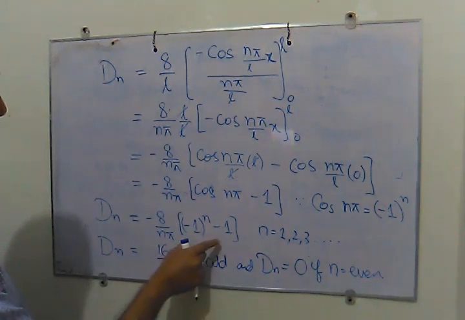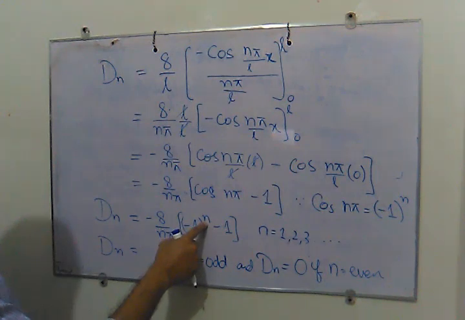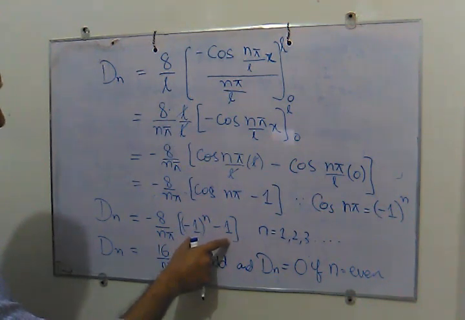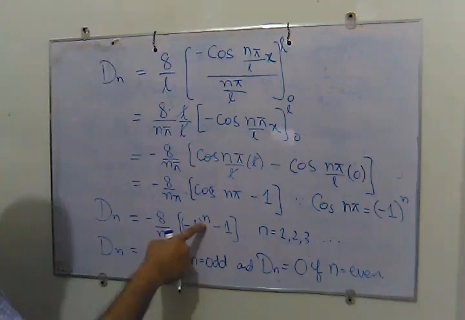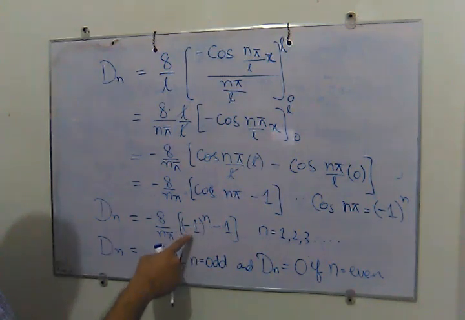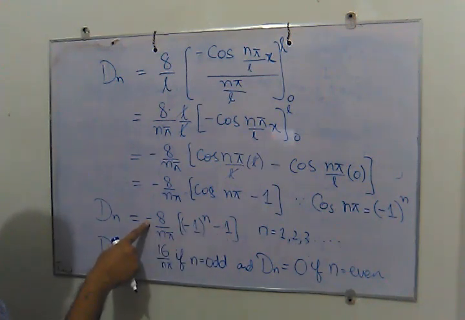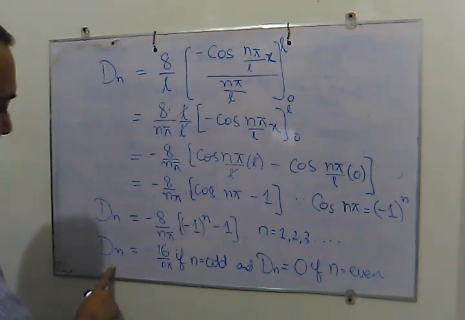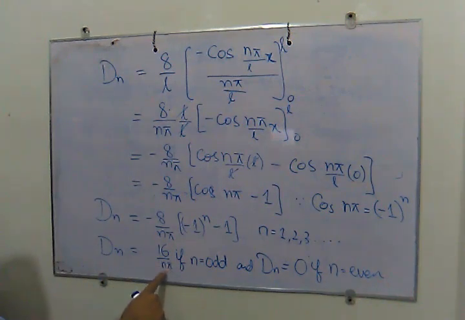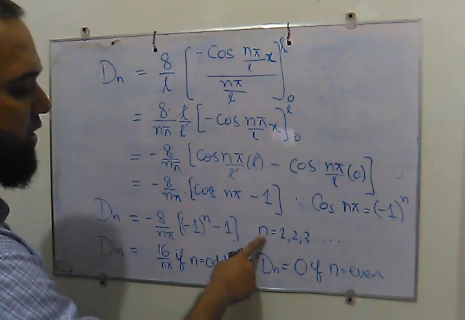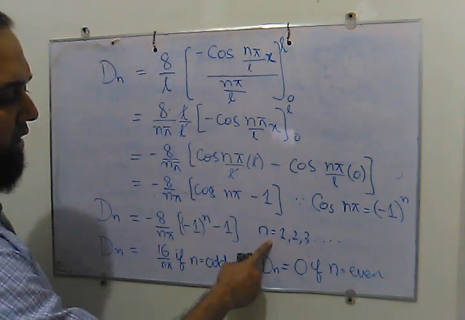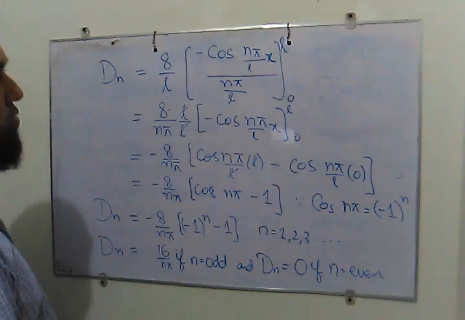Because when we put n even, it will become 0, so dn would be 0. When we put n is equal to odd, this minus 1 remains, minus 1 is minus 2, and minus and minus would be plus. So we have dn is equal to 16 upon n pi if n is equal to odd, and dn is equal to 0 if n is equal to even. Which means that we do not need the even values of n, we only need the odd values of n.